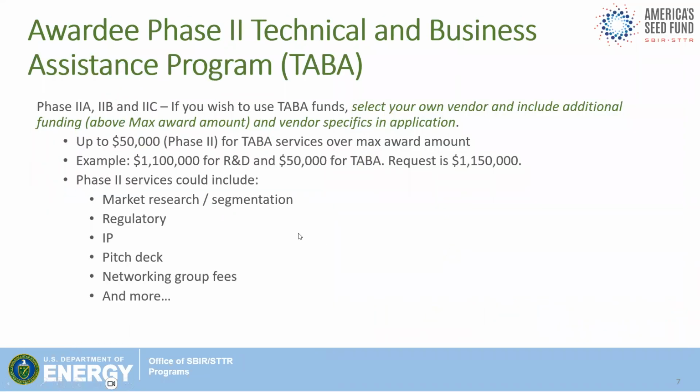A reminder, if you are anticipating utilizing TABA services, technical and business assistance programs, you must select your own vendor and include the additional funding and the vendor specifics in your application. You get up to $50,000 for TABA services, which is over the max award amount.